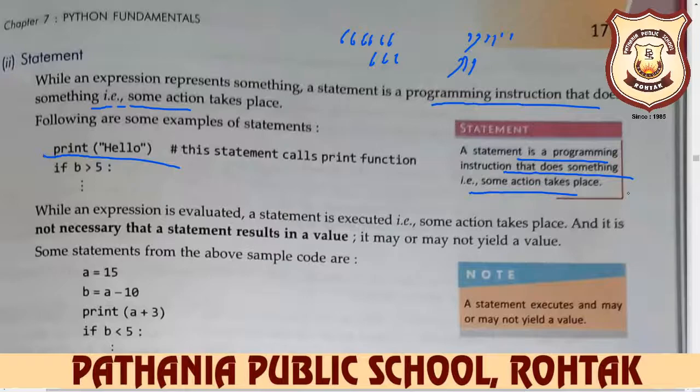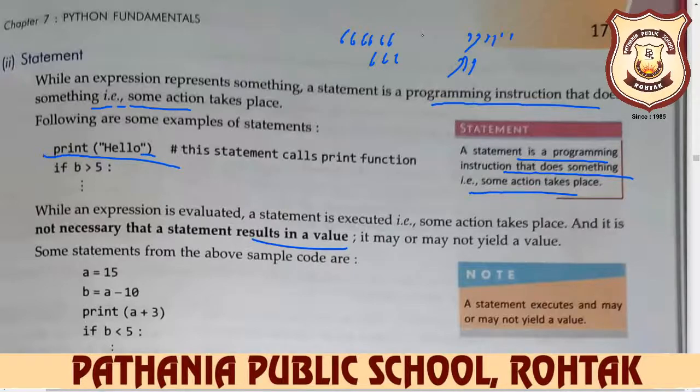While an expression is evaluated, a statement is executed. A statement is displayed on your screen, and it is not necessary that a statement results in a value. It may or may not yield a value. It may be a value, it may be a message, anything. Like here, hello is your message, and welcome to computer lab is also your message. So these are also your statements.